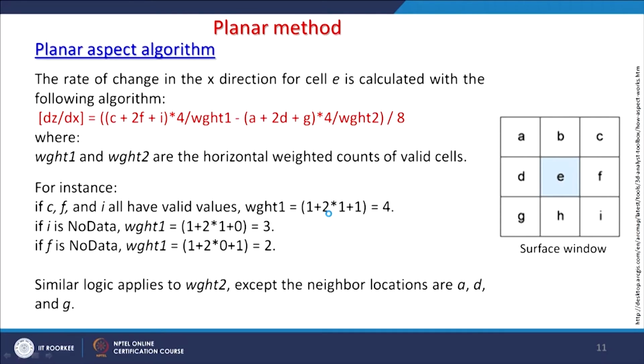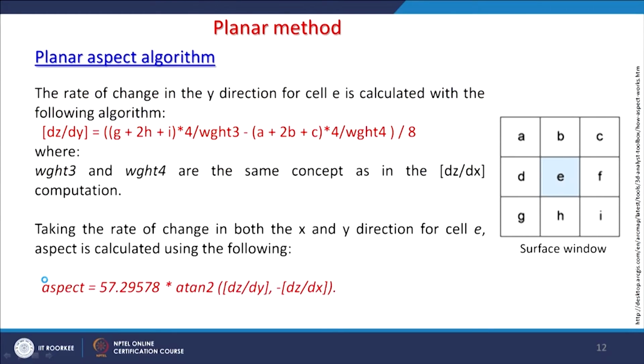Now, further, this is how the rate of change in the x direction of cell E is calculated with the following algorithm, whereas weight 1 and weight 2 are the horizontal weighted counts for valid cells. For instance, like this you can have different things, but this is not really implemented in that sense, that for each direction you have to have the calculations.